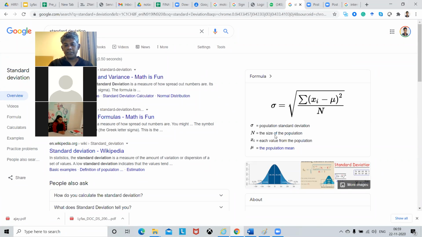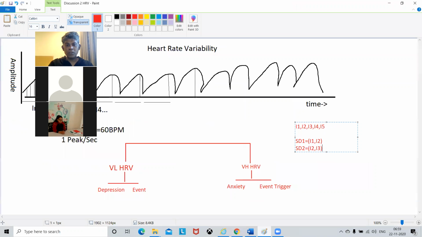So standard deviation is the population standard deviation, with the size of the population and each value in the population, where Xi is each value in the population. If you calculate the mean, I1 minus mean squared, divided by the total sample size, square root, you'll get standard deviation 1. In this way, we calculate standard deviation 1, standard deviation 2, standard deviation 3, and so on.